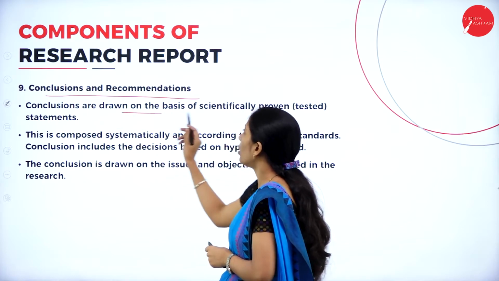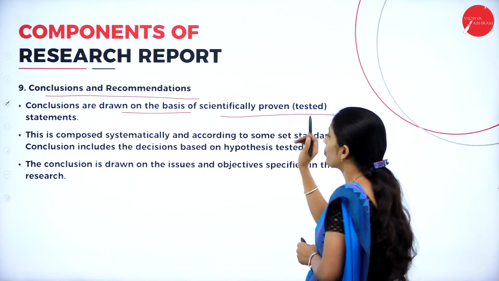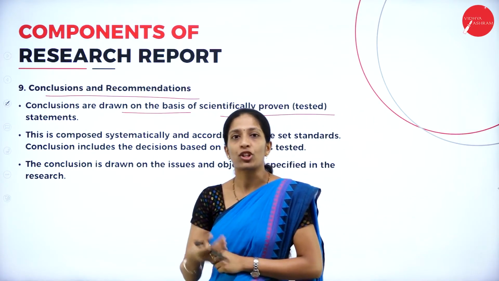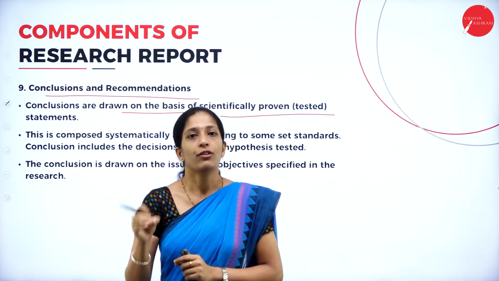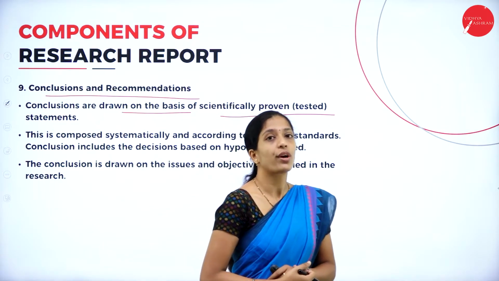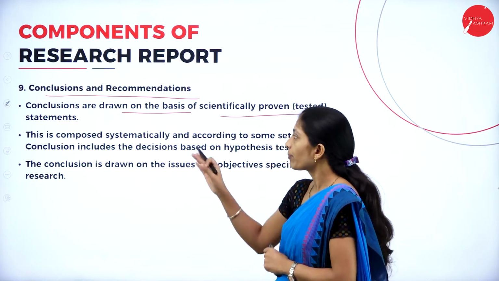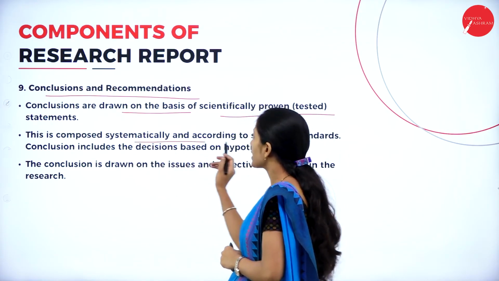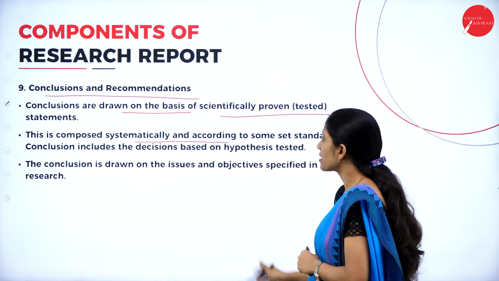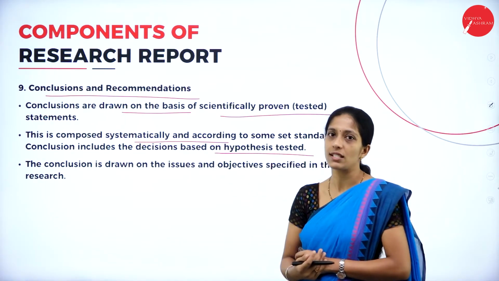Conclusions are drawn on the basis of scientifically proven or tested statements. So, based on the information he has actually got in order to solve a particular problem, the researcher is going to give the conclusions. This is composed systematically and according to some set standards. Conclusion includes the decisions based on hypothesis tested.